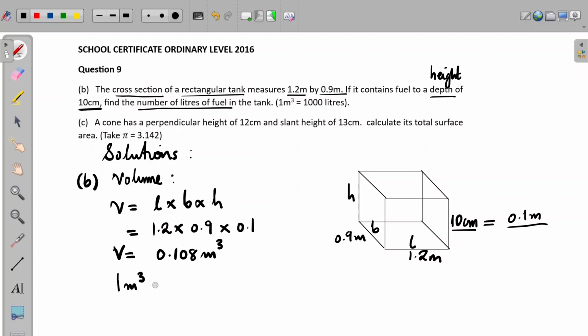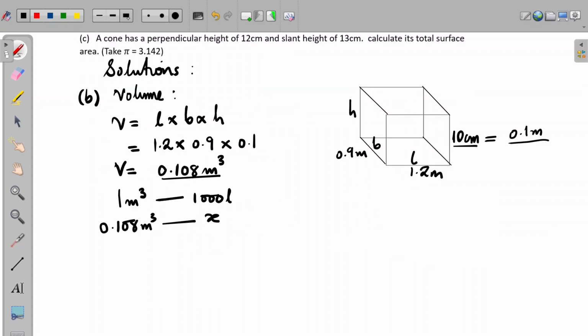Then we'll say, how about this one we have found? It will be how many liters? So say, how about 0.108 meters cubed? It will be how many liters? Or put x, that is to say unknown. Then we will cross multiply.